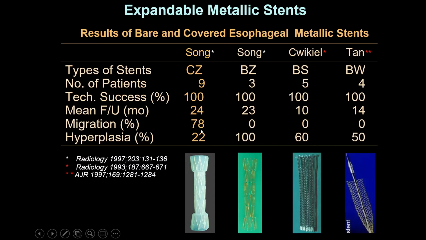Here you can see the stent migration rate was 78% in covered stent placement and 0% in bare stent placement. On the other hand, the tissue hyperplasia rate was 50 to 100% in bare stent placement and 22% over the stent in covered stent placement.